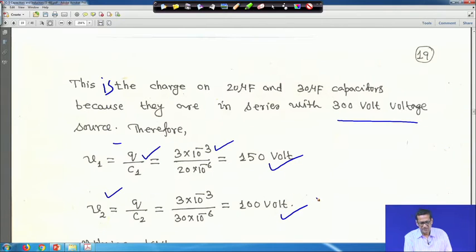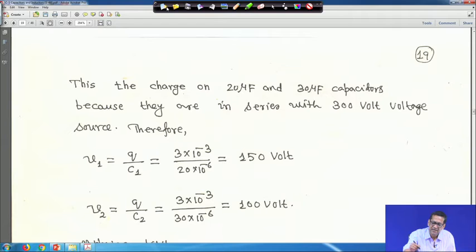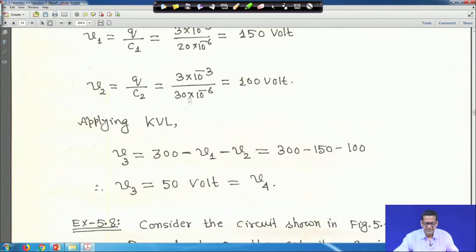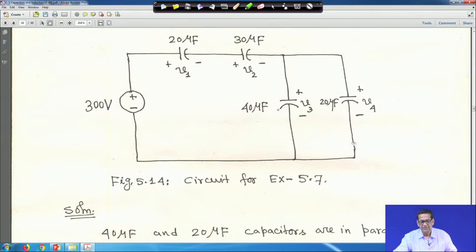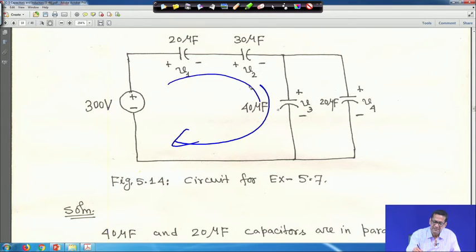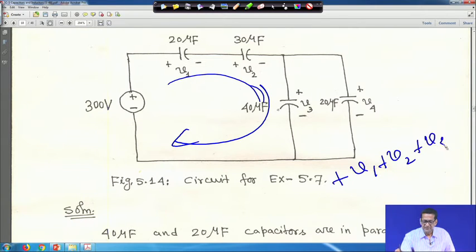Right, you can apply KVL also. So, note that applying KVL. Now if you apply KVL in this circuit, I am moving clockwise. So, it will be plus V1 plus V2 plus V3 minus 300 is equal to 0.